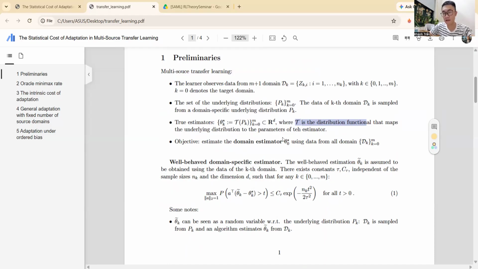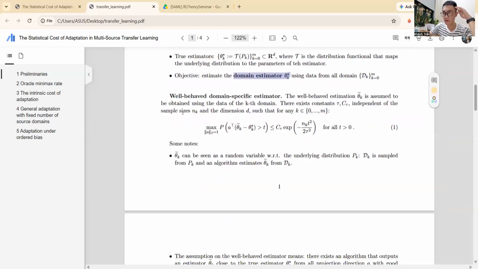Our objective is to estimate theta star for the target domain, k equal to 0, using the data from all domains. Okay, so that is the basic starting point.